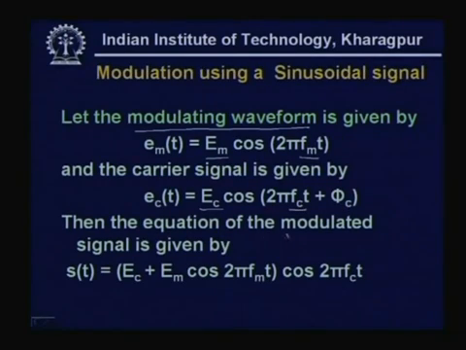Then the equation of the modulated signal can be given by s(t) equals (E_c plus E_m cos 2 pi f_m t) cos 2 pi f_c t. So, this is the signal which is generated after modulation.